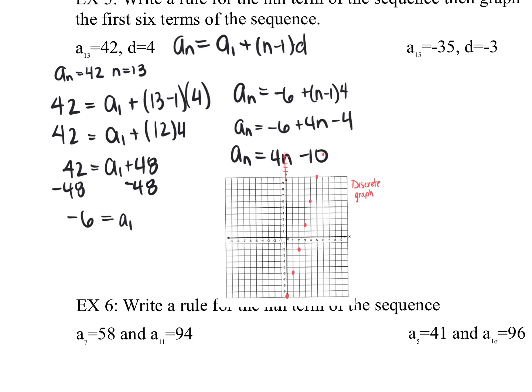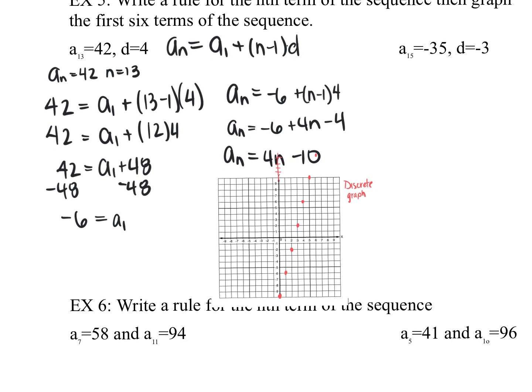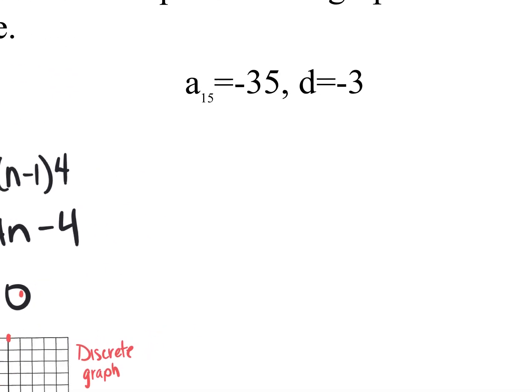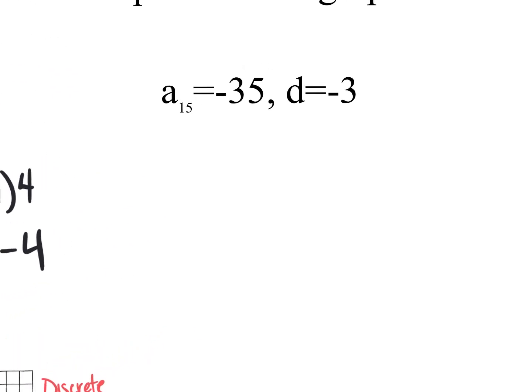Okay, so now you're going to try yours. A15 is -35 and D is -3. Find A1 and then write your rule, then draw your graph. Okay, it says A15 equals -35. What is that telling us?